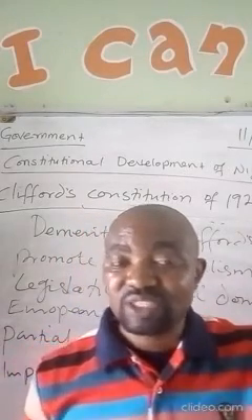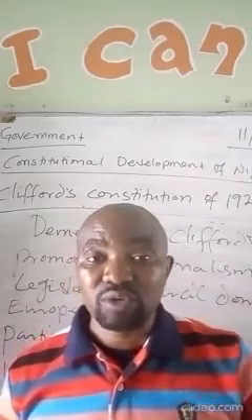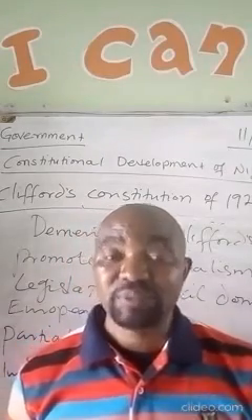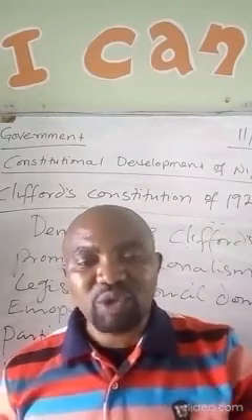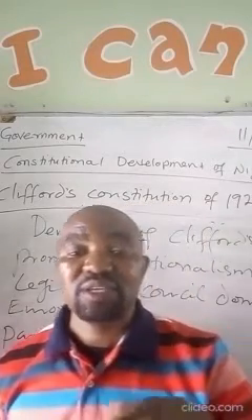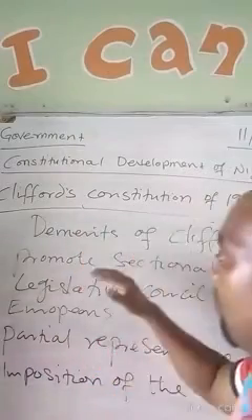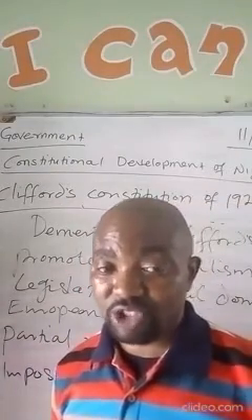We categorized it into three: the pre-independence constitution or colonial constitution, the independence constitution, and the post-independence constitution. So now, out of this, we focused our attention on the colonial constitution. And in this colonial constitution, we said there are four major constitutions that were in operation during colonial administration.